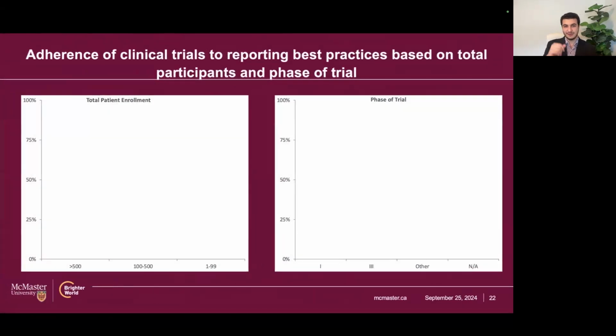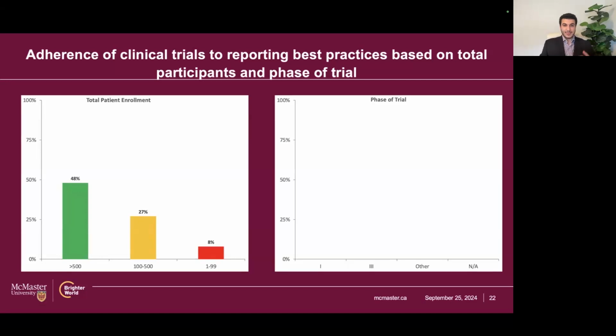Now, two additional effect modifiers we analyzed were the total patient enrollment. In clinical trials where more than 500 participants were recruited, 48% of those trials adhered to all three best practices. That number drops to 27% if you have fewer patients recruited. And lastly, if you have fewer than 100 participants, that number is as low as 8%.